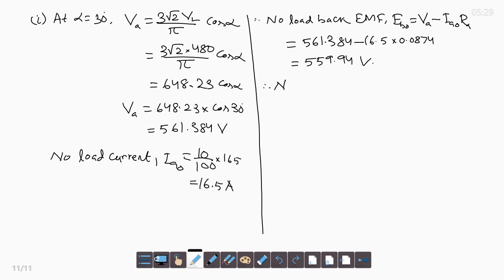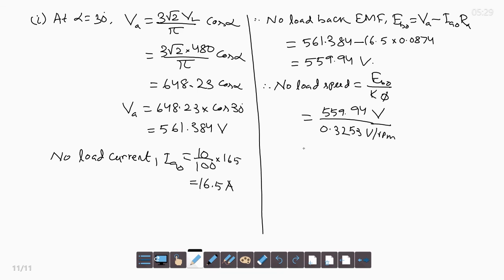So no load speed is EB 0 divided by K phi. EB 0 is 559.94 volt and K phi is 0.3253 volt per RPM. So you find out the no load speed in RPM.